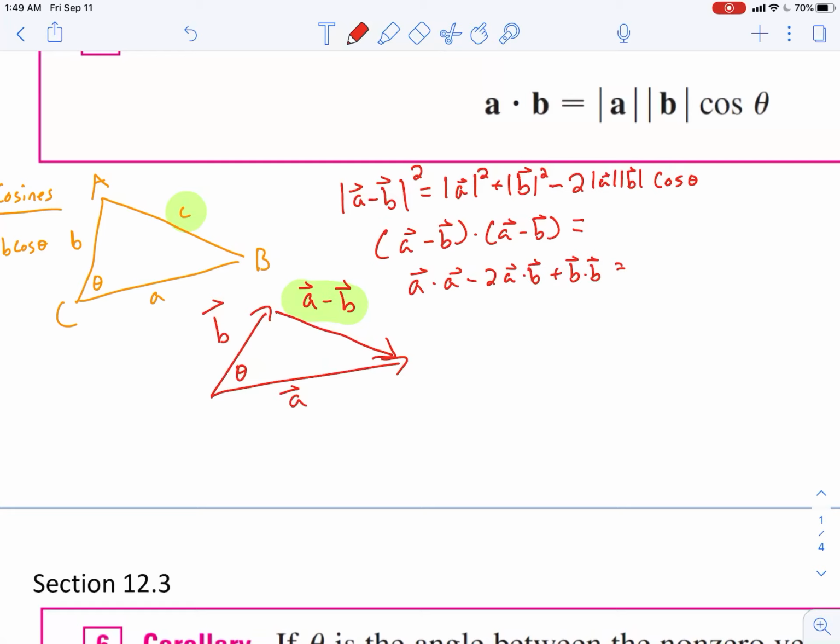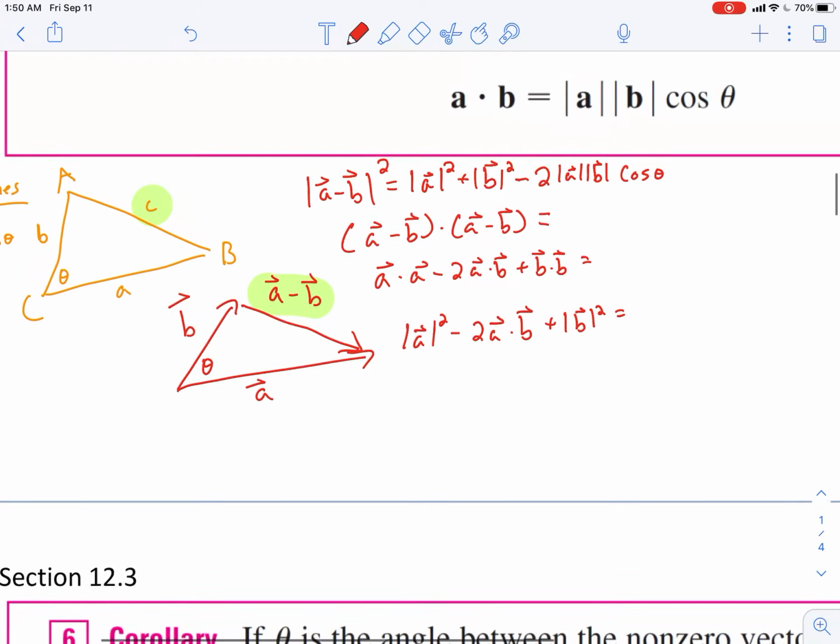And so, I know what a dot a is. a dot a is just the magnitude of vector a squared, minus 2 times vector a dot vector b, plus the magnitude of b squared.